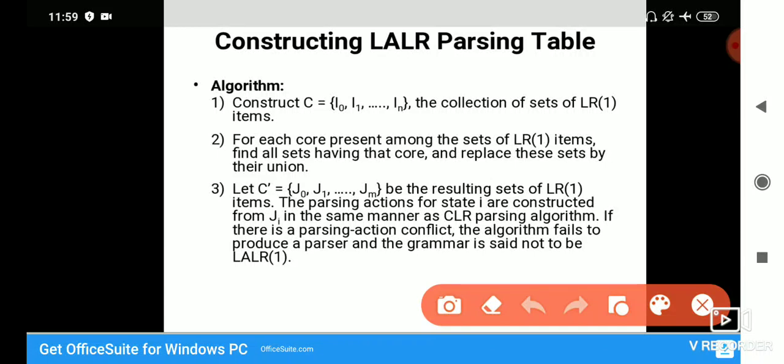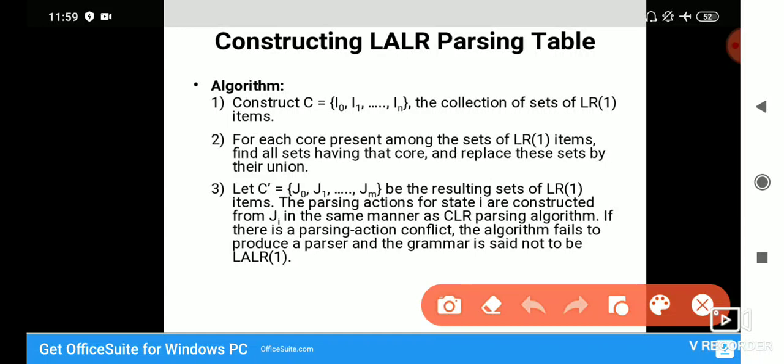Then we create the transition diagram as we did in CLR. So here, forget about SLR. Whatever we did for CLR, we'll do it first. We'll create the augmented grammar, then number the productions, then create the transition diagram of LR1 items, and then create the LR1 parsing table, that is the CLR parsing table.